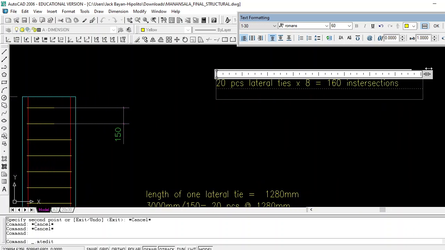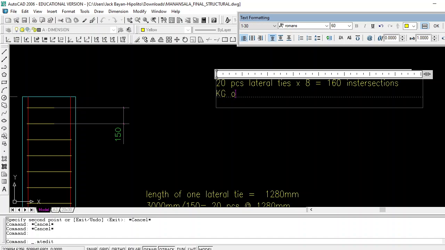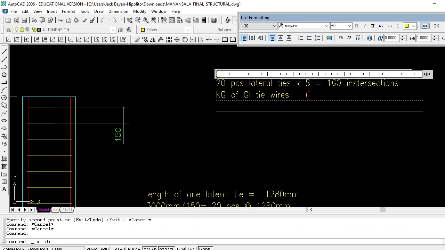Now, how will you estimate ngayon the GI tie wires? Okay? Kilogram of GI tie wire will be equal to 160 intersections, multiplied by 0.30 meter.